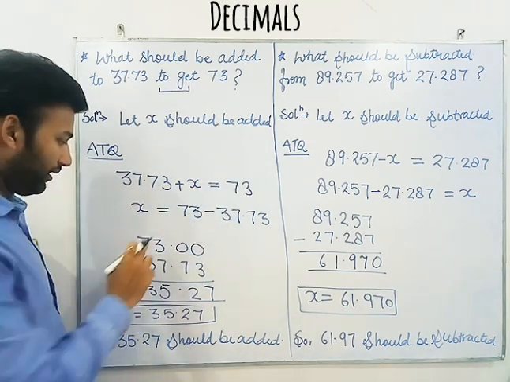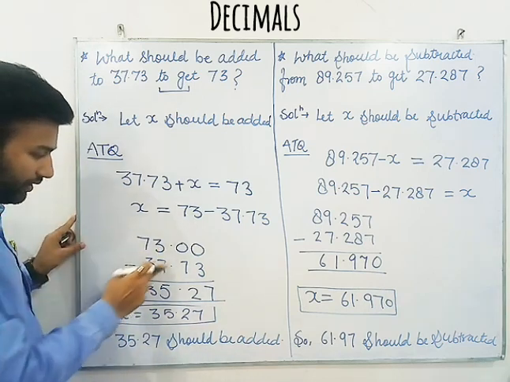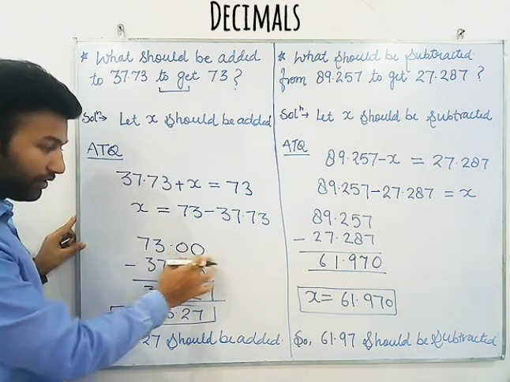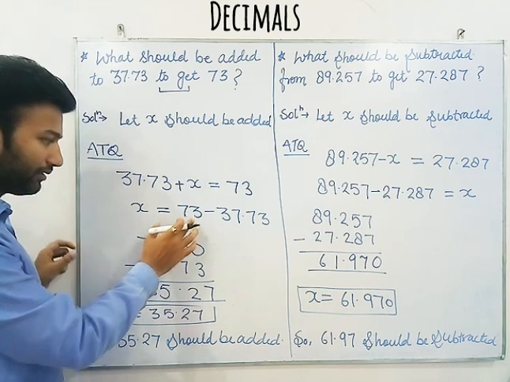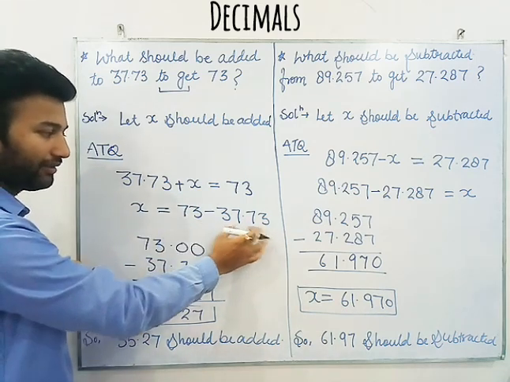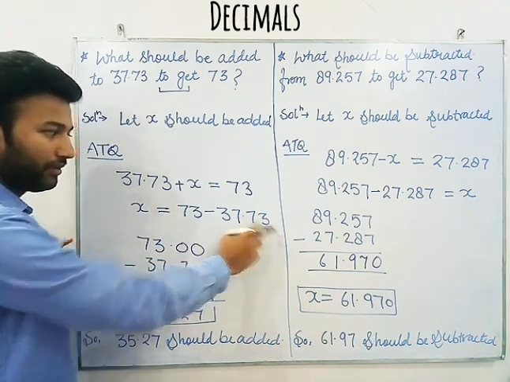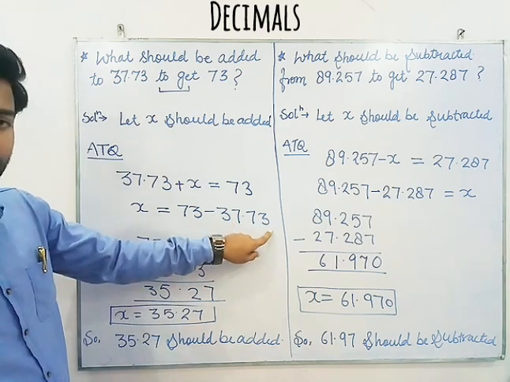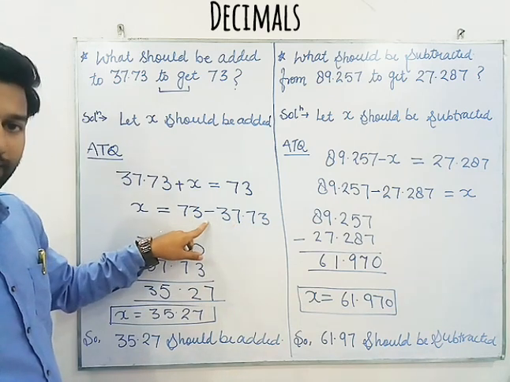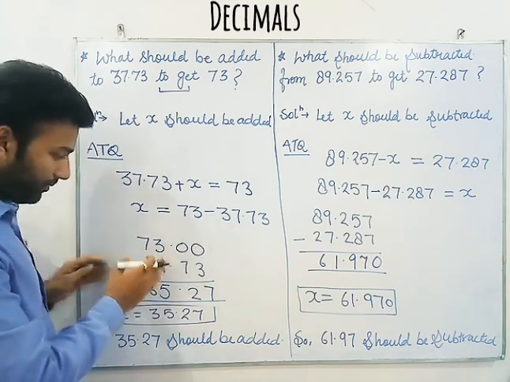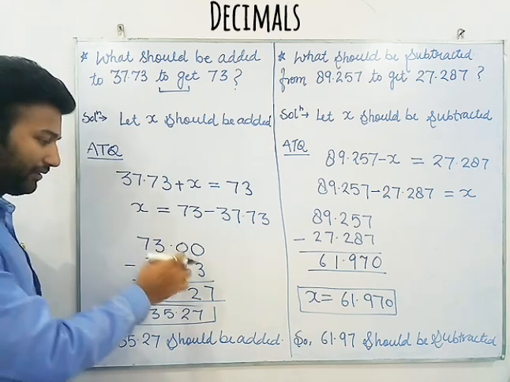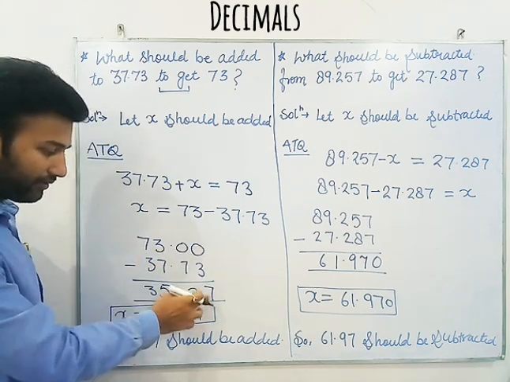Now subtract 73.00. Why 00? Because they are unlike. This is 37.73, after the decimal two digits, and here no digit after the decimal. So we will subtract it by making them like. So now 10 minus 3, 7.